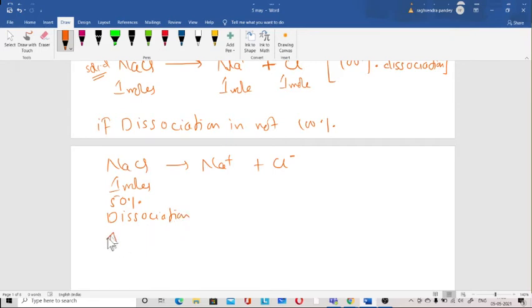Now out of 1 mole, only 0.5 moles will dissociate. If you balance the reaction, 1 is giving 1 and 1, so 0.5 will give 0.5 of Na ion and 0.5 of Cl ion, and the 0.5 remains undissociated.